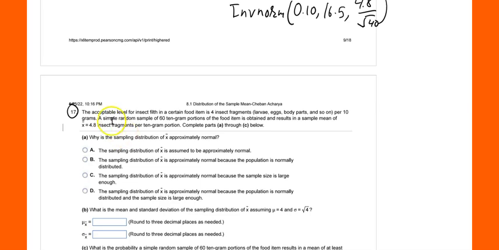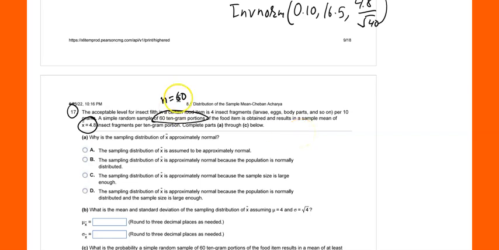A simple random sample of 60 10-gram portions of the food item is obtained, that means n equals 60 here, and results in a sample mean of x bar equals 4.8. 4.8 is the mean of those 60 samples. Okay, complete part A through C.